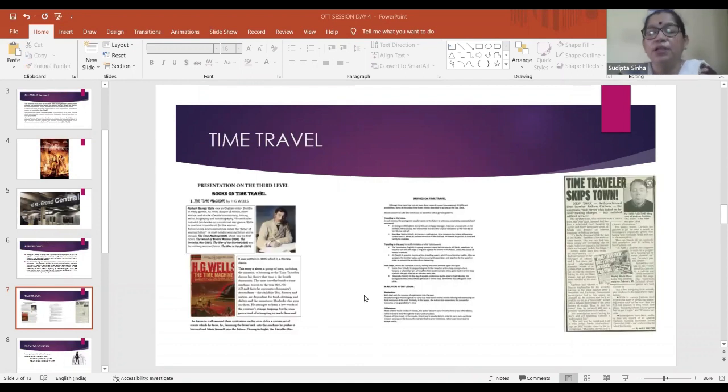Then we go over to the kind of stories that we have under the topic. And of course, who can forget? We all in our master's degree have studied H.G. Wells's The Time Machine, right? So The Time Machine is where we can start. As I told you, the third level, when we are teaching, in the beginning itself, the moment we are talking about time travel, they will come up with this story also.